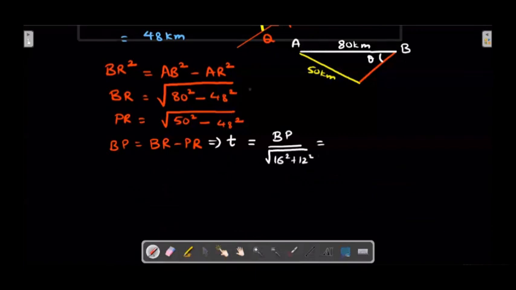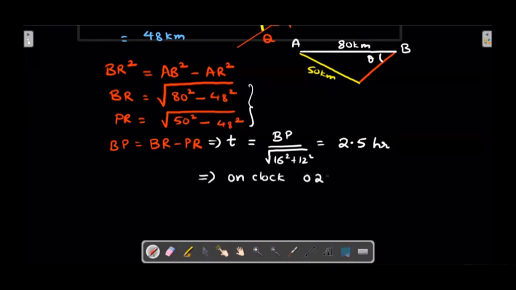Okay, you can do these calculations, not very tough, but we are running out of time, so I've done it on the sidelines. You end up getting this as 2.5 hours. Since it is after 00, on the clock it will show 2:30 a.m. So at 2:30 a.m. they will start communicating.